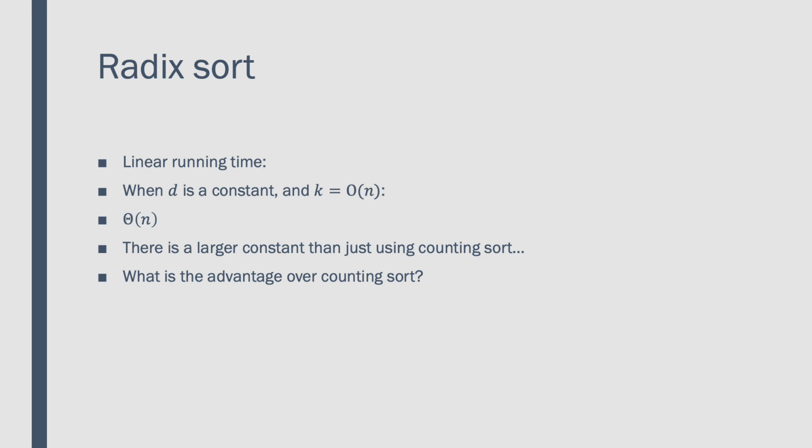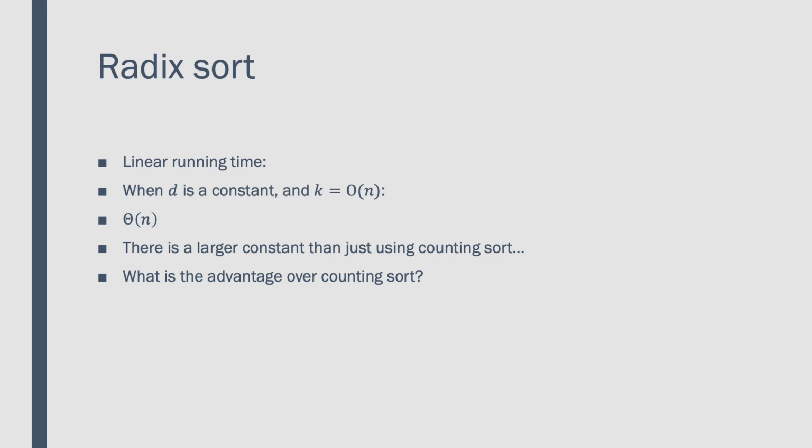In such cases, the time complexity simplifies to big O of n. This happens because d and k are treated as constants, reducing the big O of d times n plus k expression to big O of n.